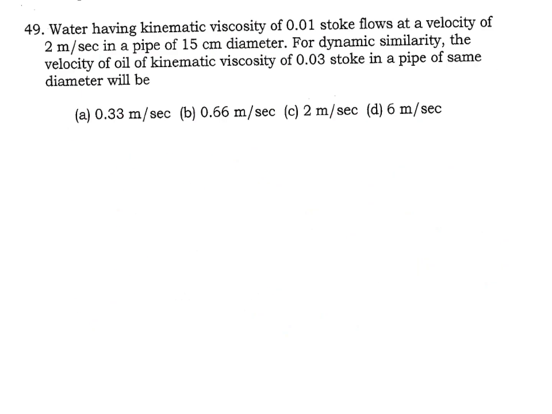Water having kinematic viscosity of 0.01 stoke flows at a velocity of 2 meter per second in a pipe of 15 centimeter diameter. For dynamic similarity, the velocity of oil of kinematic viscosity of 0.03 stoke in a pipe of same diameter will be how much?